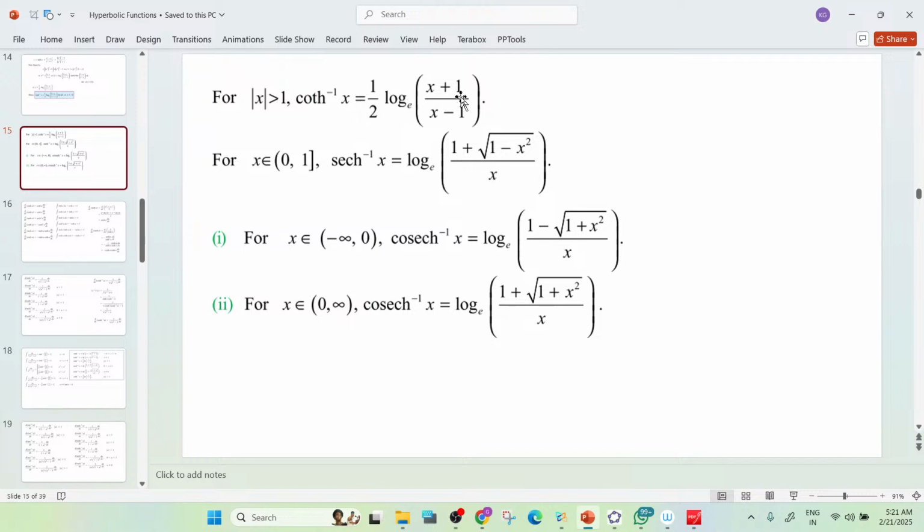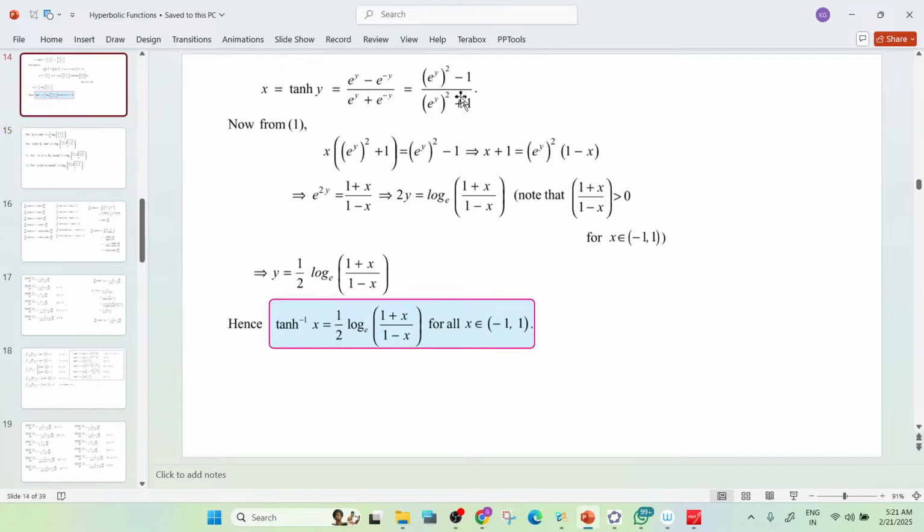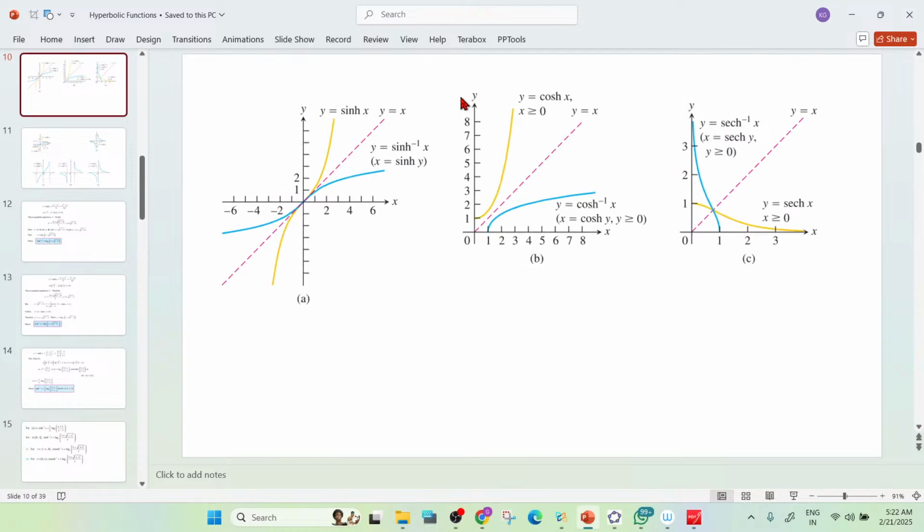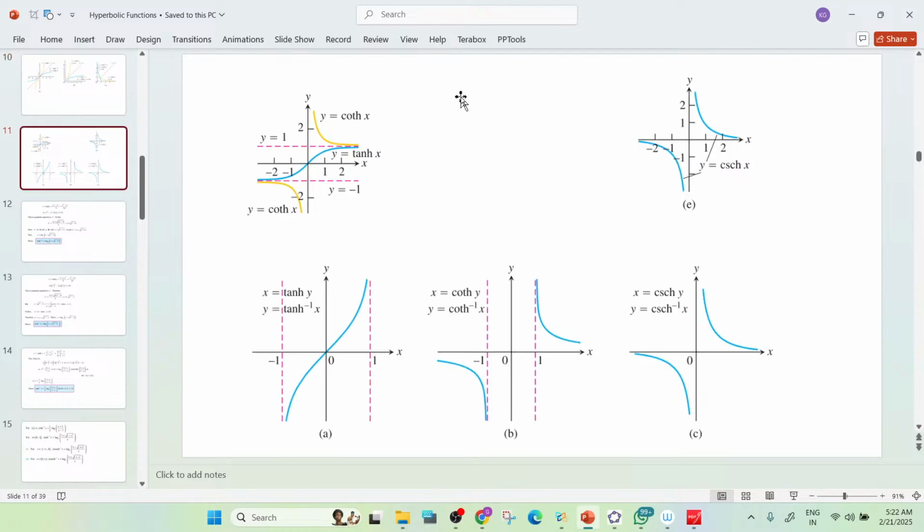Half log of x plus 1 by x minus 1. This one is 1 plus x by 1 minus x. Why? Because x lies between minus 1 and 1. You remember the graph, no? Tan h x, the range is between minus 1 and 1, and that's why for the inverse the domain is between minus 1 and 1.